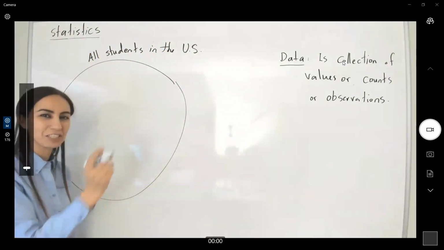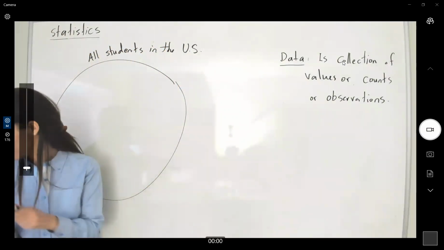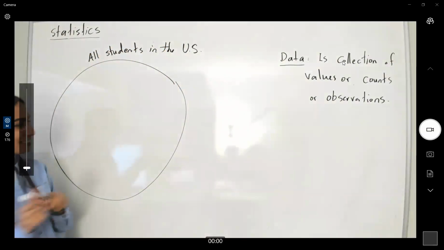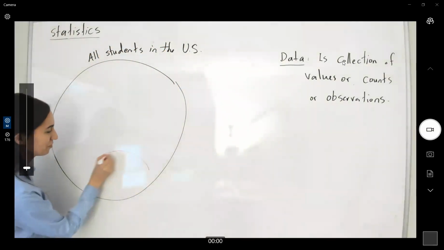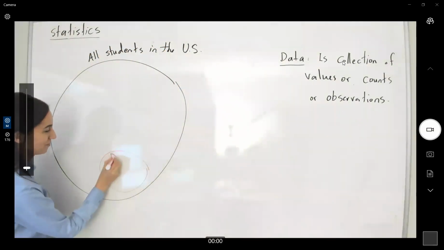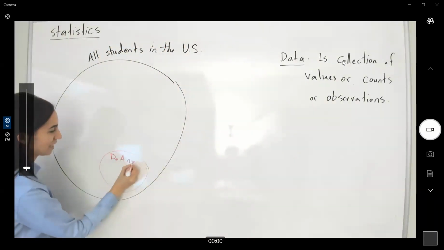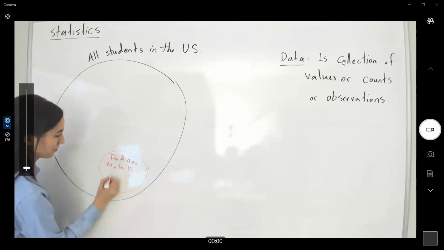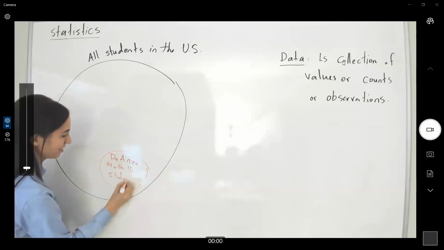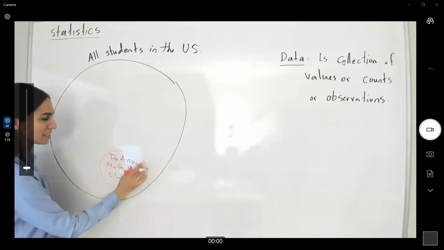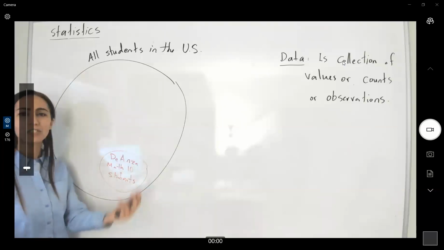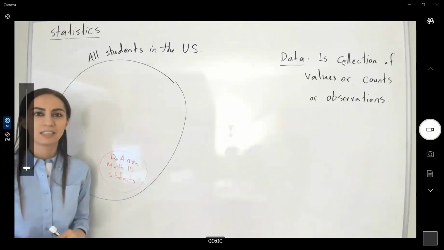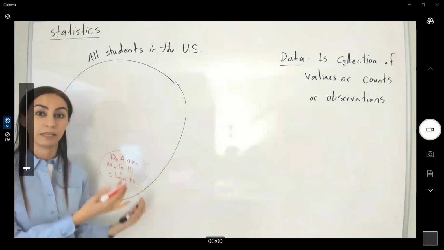As you can imagine, it's a very small portion. Let's use a different color for that. 10 students. So this is just an example. Do we actually have a name for that?